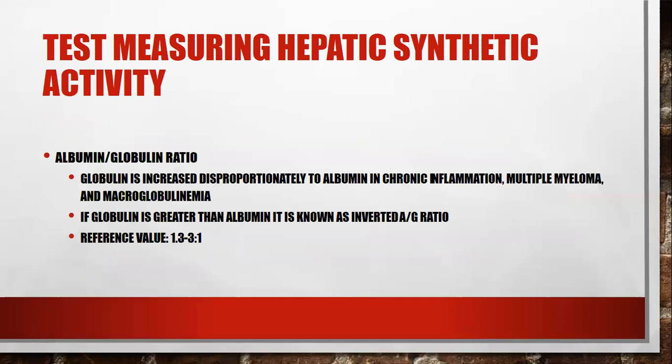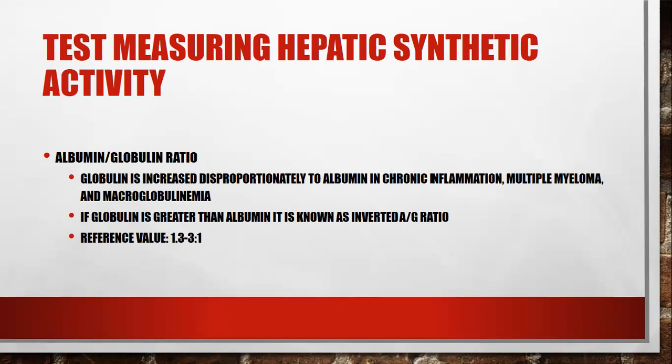Another test used to assess hepatic synthetic activity is the determination of your albumin globulin ratio. Globulin is increased disproportionately to albumin in chronic inflammation, in multiple myeloma, and in macroglobulinemia.